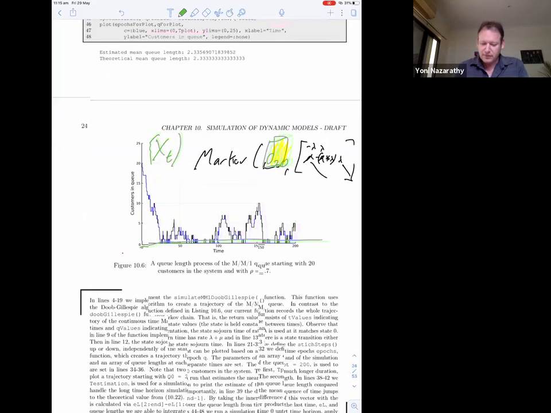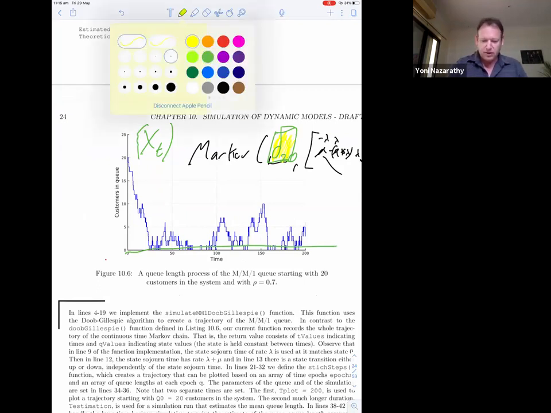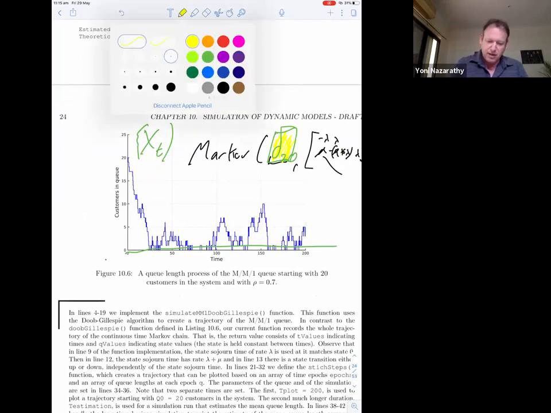Now the meaning is, if I want to see how this queue behaves in the long run, and I run a simulation for these 200 time units and do a time average.